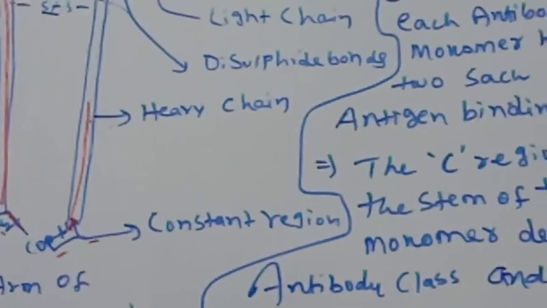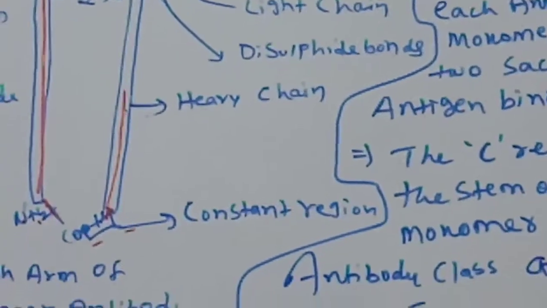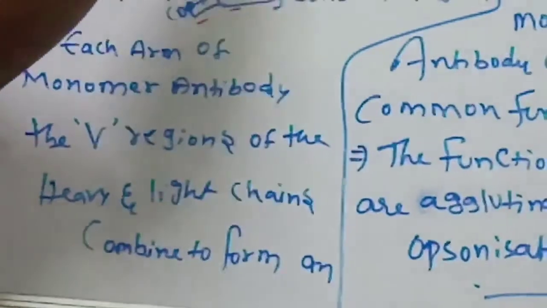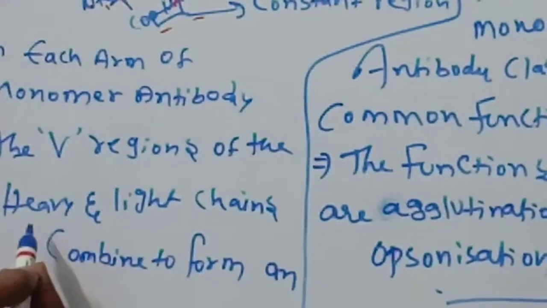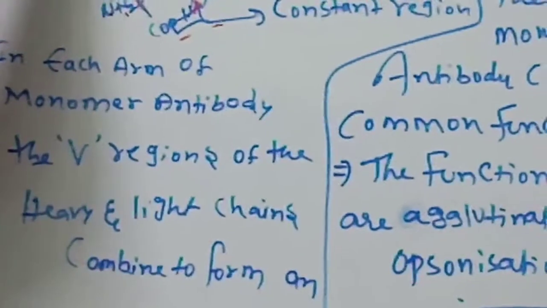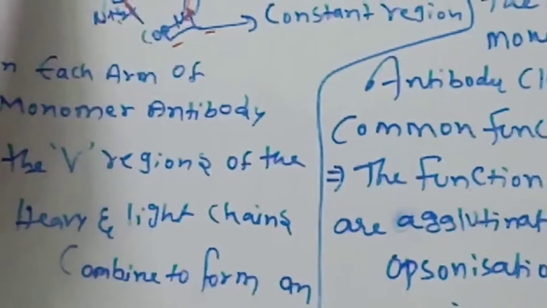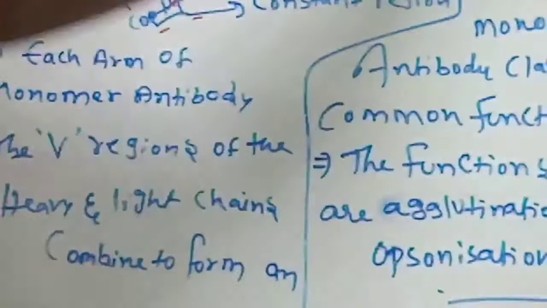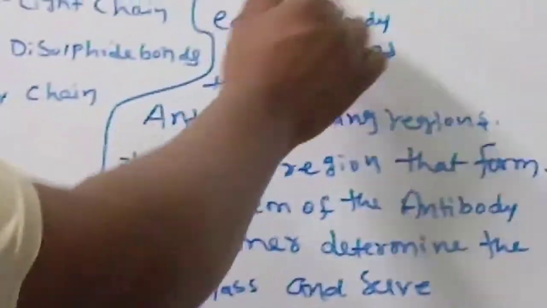Okay children, the structure of immunoglobulin. In each arm of the monomer antibody, we have the variable region. The variable region of the light chain and the variable region of the heavy chain combine to form the antigen binding site, shaped to fit a specific antigenic determinant.